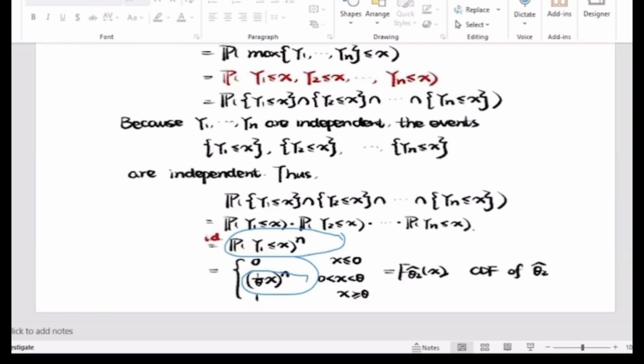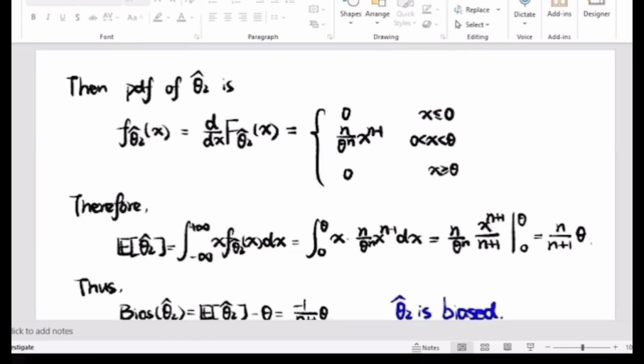Now, this is the CDF that we are talking about, the CDF of the maximum order statistic. Then I can find the PDF from the CDF. There's a relationship between a CDF and a PDF. When I have a CDF and I want to get a PDF, I'm going to take the derivative.